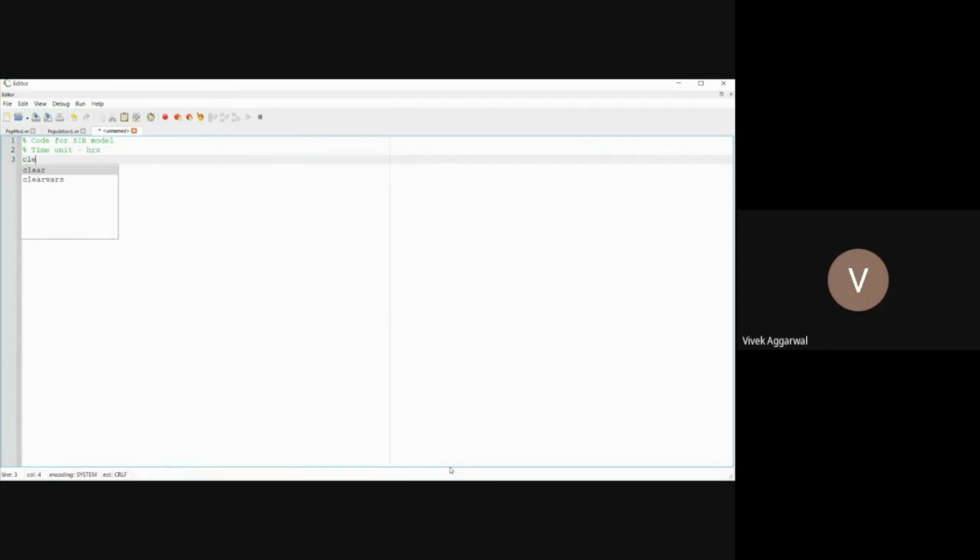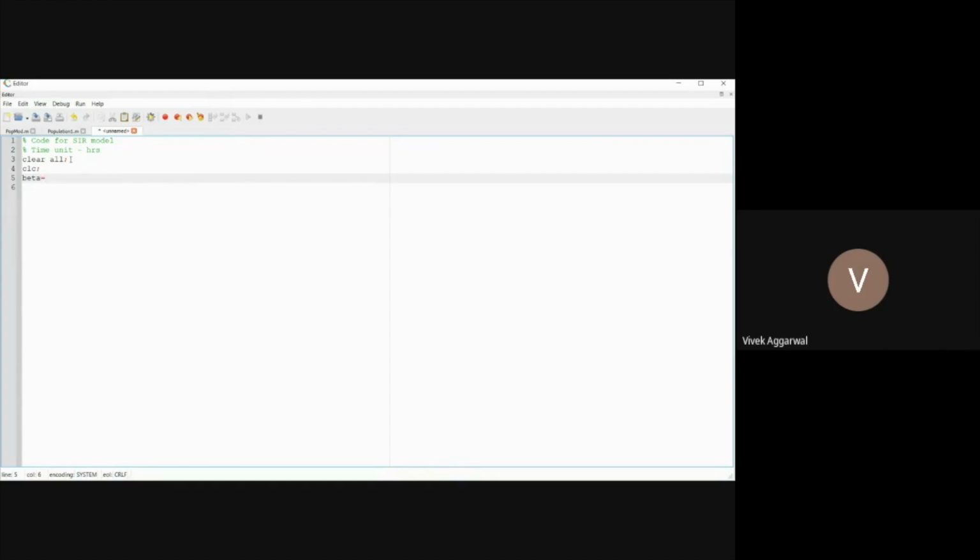Now the same way I will write clear all, clc, and then let's define the value of beta, because beta I need to give.